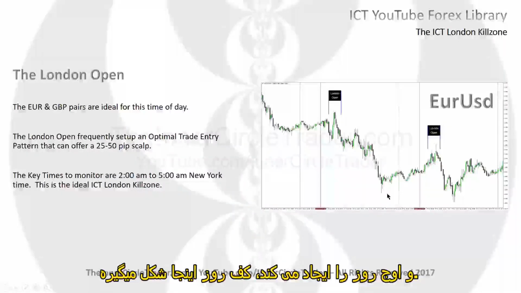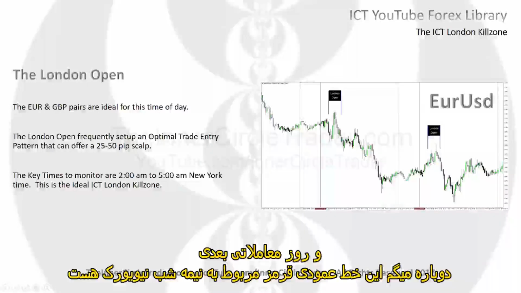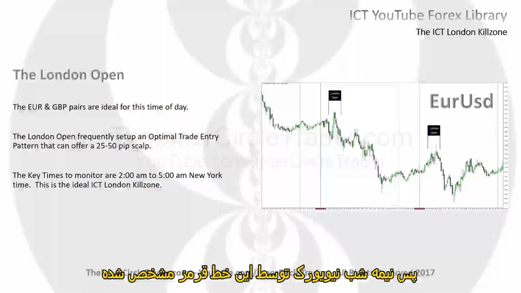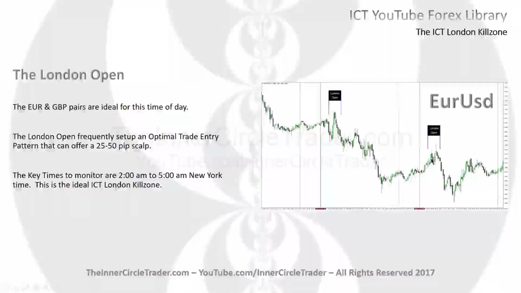The day's low forms down here, and it comes off the low and closes off the low. The next trading day, again, here is the vertical red line, and this delineates New York time, midnight. Okay, so midnight in New York, that's what this vertical red line delineates for this particular day.